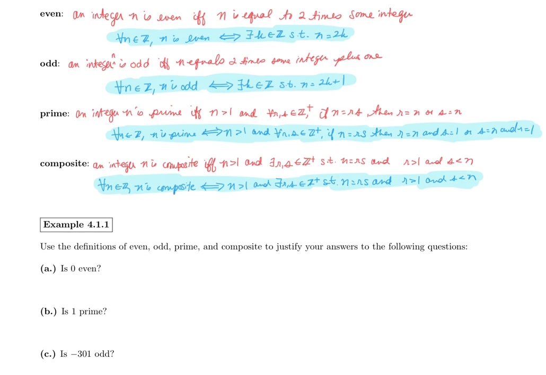Well, we know that an integer is even if it's a multiple of 2. Can 0 equal 2 times another integer?